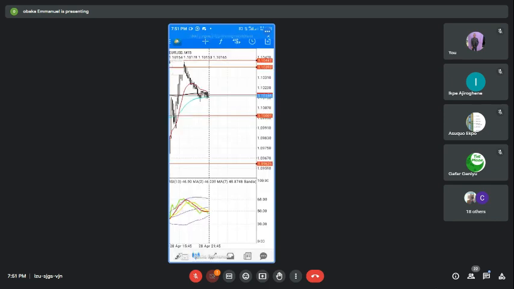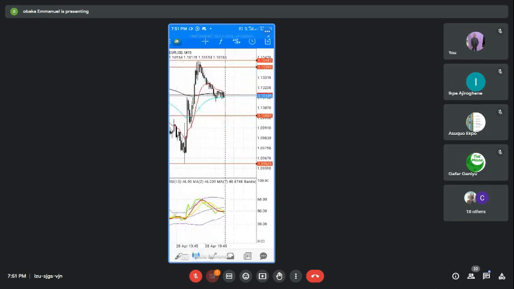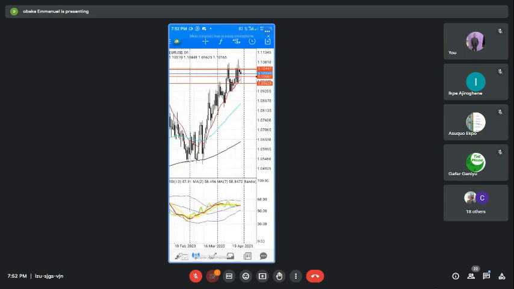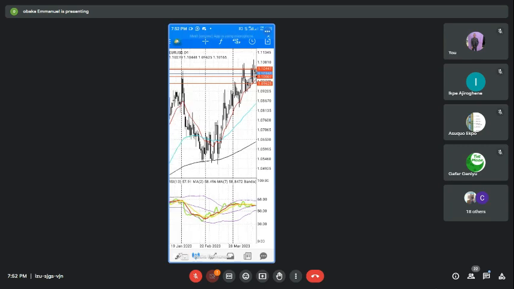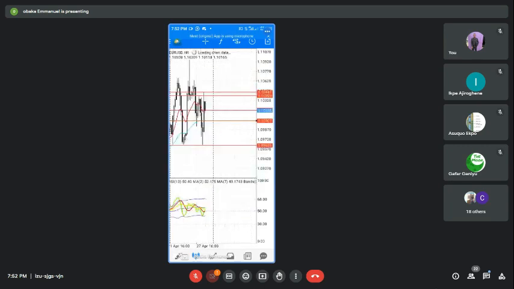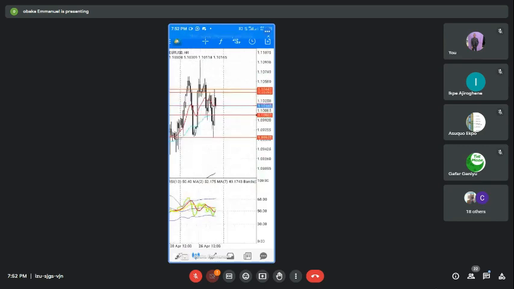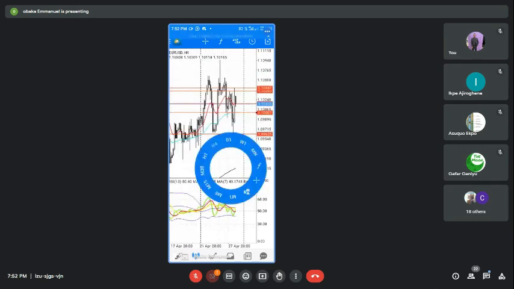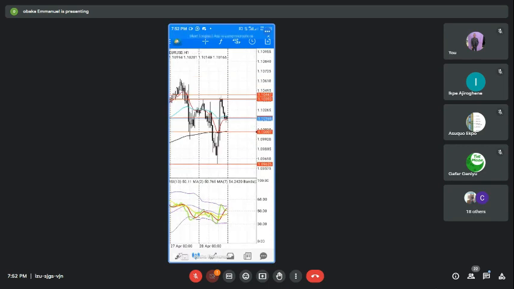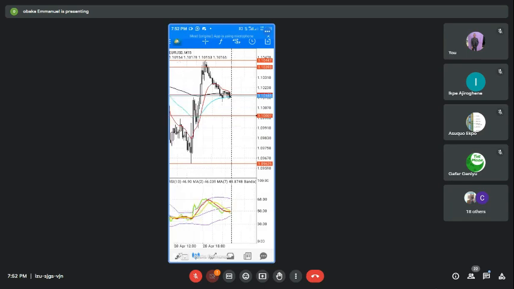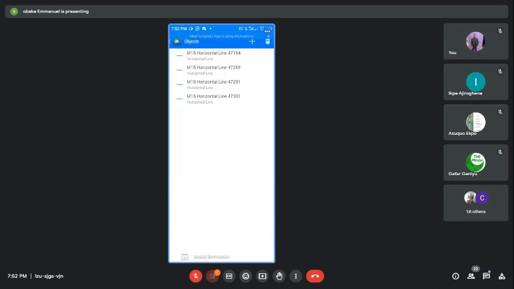This is the high of the day. So let me check daily. It is clear on the daily time frame. Very clear. Still very clear. H1. Good. M15. So on Monday I'm expecting something like this.